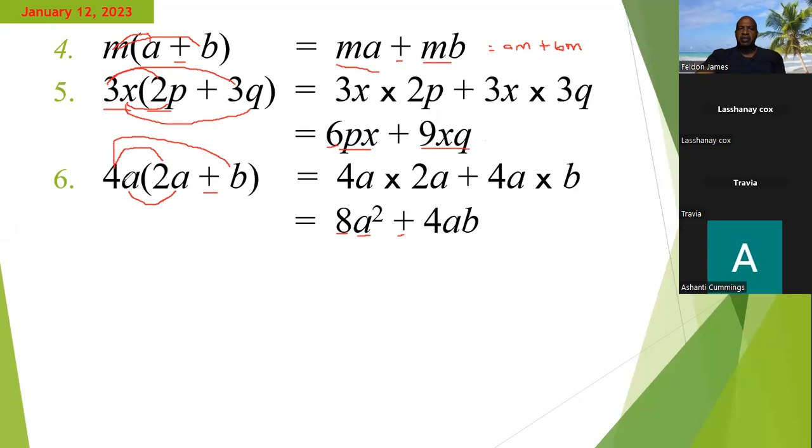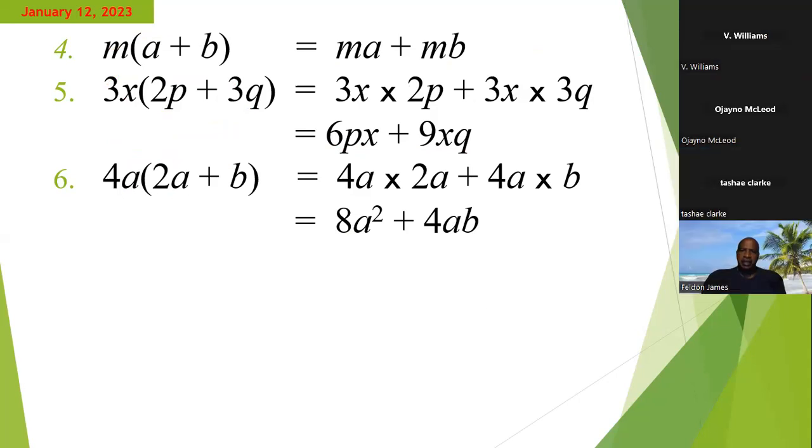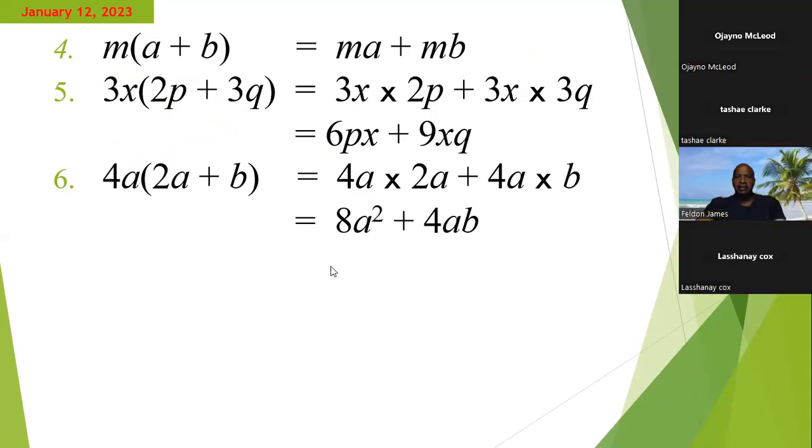Now that would just give you 4b, but don't forget about the a. So it becomes 4ab. Any question about that, guys? Let me see your hands if you're still okay with this. Is everybody okay with this? All right, good. Moving along.